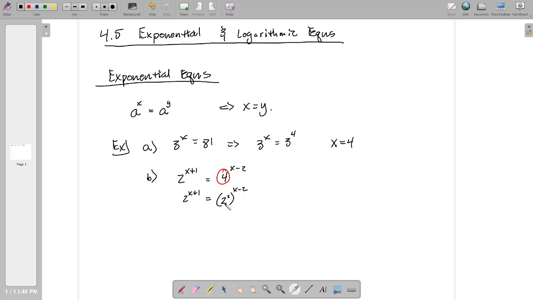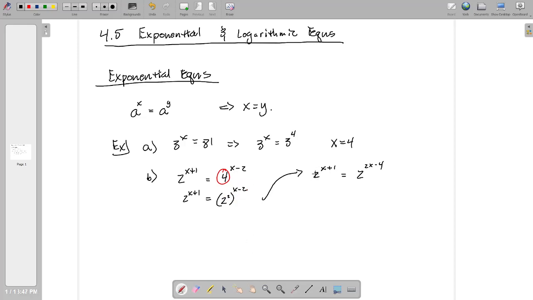Now, because we have something with an exponent to another exponent, we multiply the exponents. So we'll end up with 2 to the x plus 1 is equal to 2 to the 2x minus 4. Don't forget to distribute this 2 when you multiply it. So 2x minus 4, because it distributes to both of these terms.